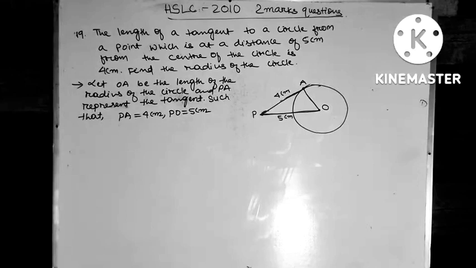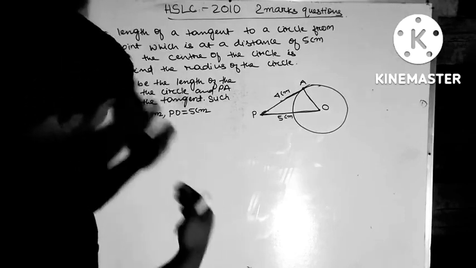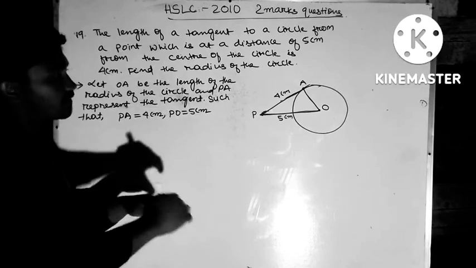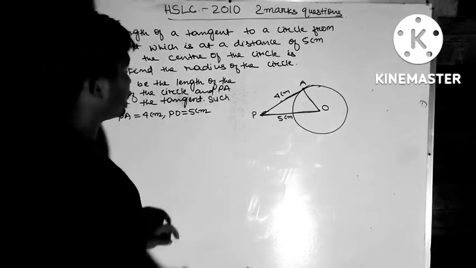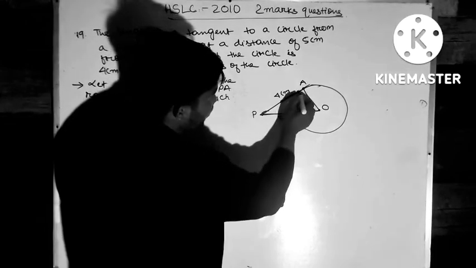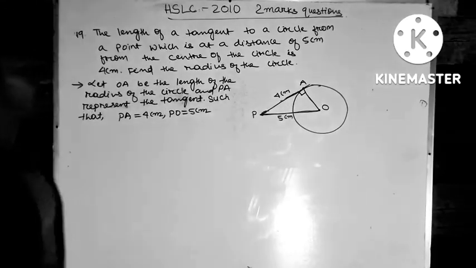Now we have already known, I hope you are coming to see this video after you have learned the chapter, because this is for HSLC. The place where the tangent and radius meet forms a 90 degree right angle.